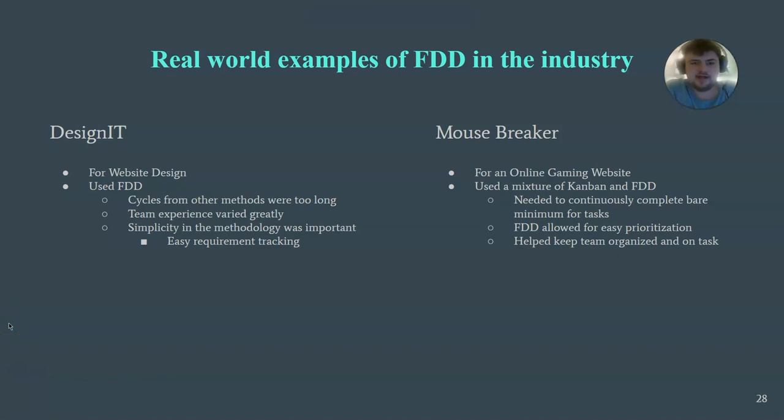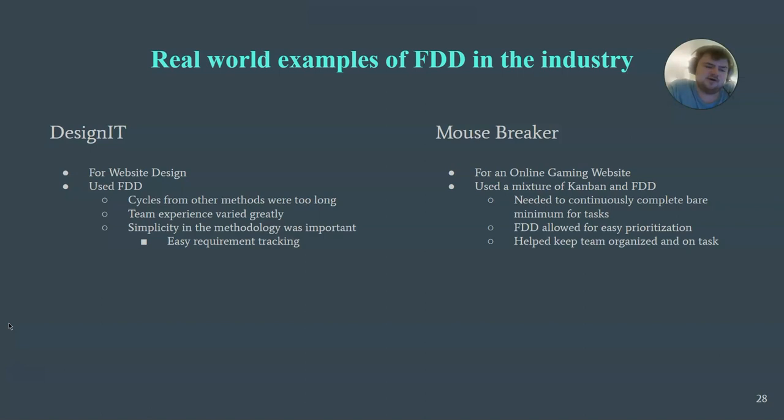So now that we've looked at the ceremonies and terminology for feature-driven development, let's look at a couple of real-world examples of feature-driven development being used in software engineering. Firstly, we have Design IT, who used feature-driven development for general website design.